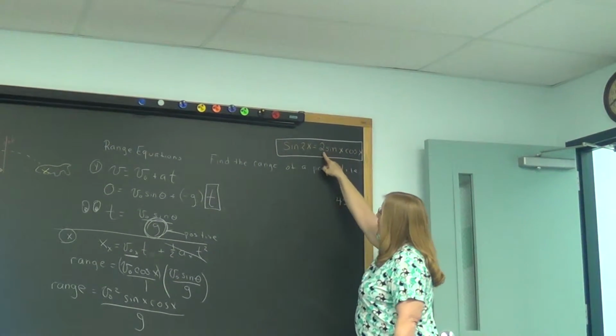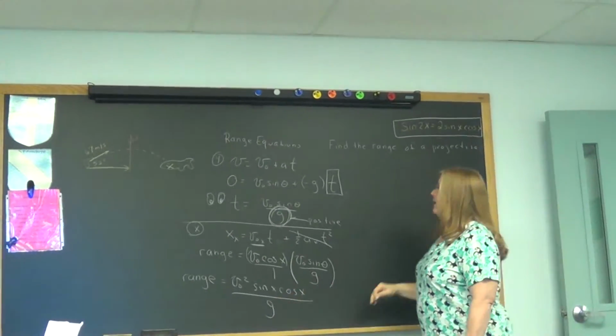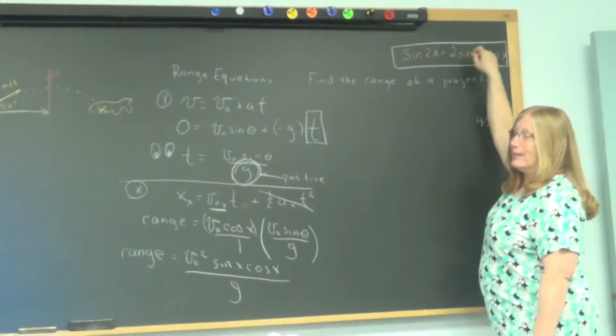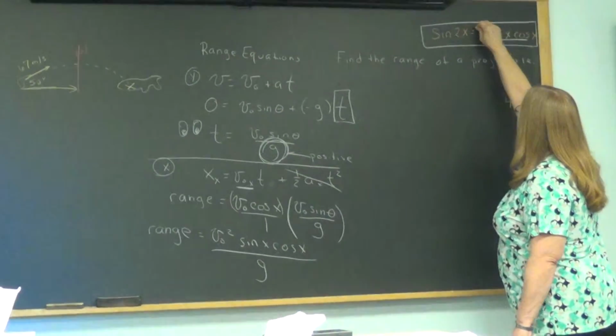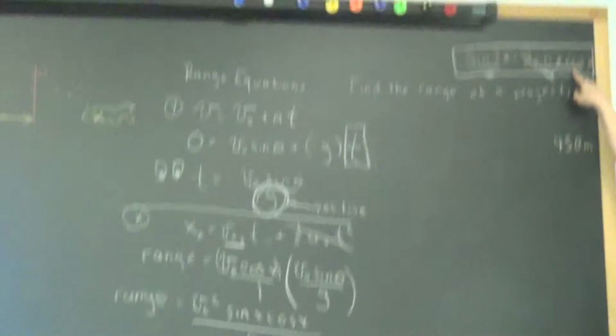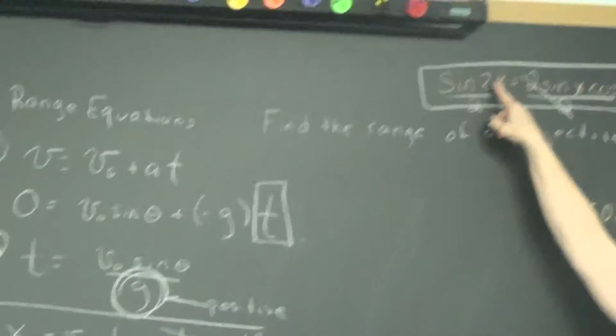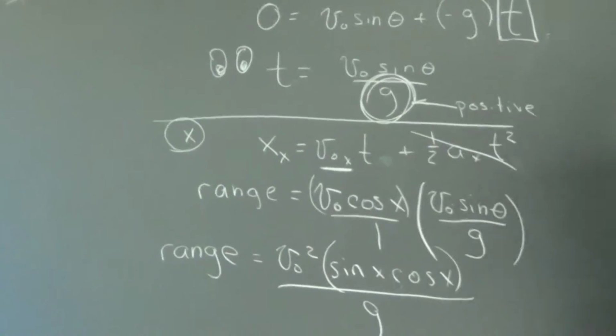There's a 2 here, so I can't do an exact substitution yet. So I'm going to mess with this. I'm going to get rid of the 2 here, so I'm going to divide this by 2 and this by 2. So now I see sine x cosine x equals sine of 2x over 2. So I'm going to substitute that in for that.